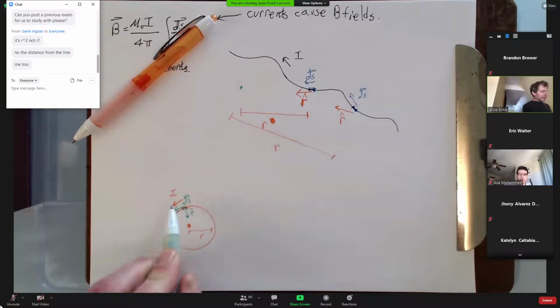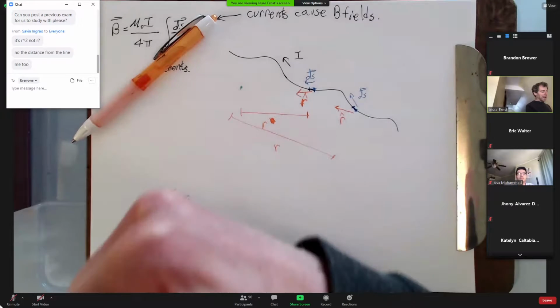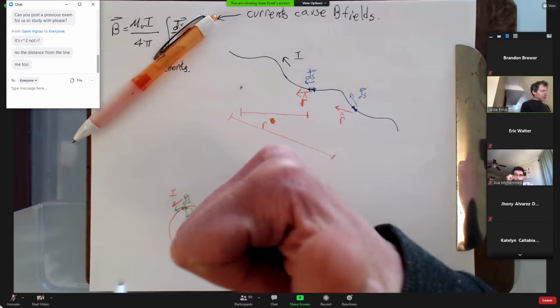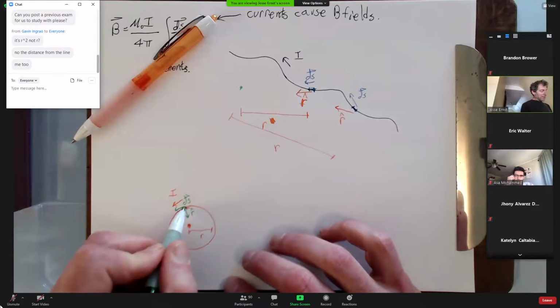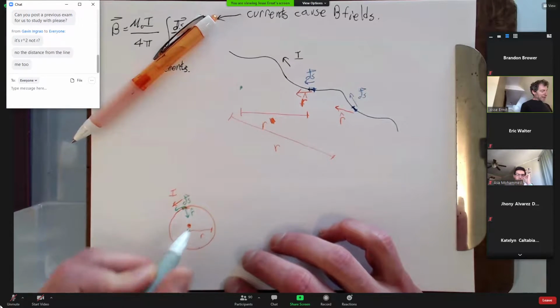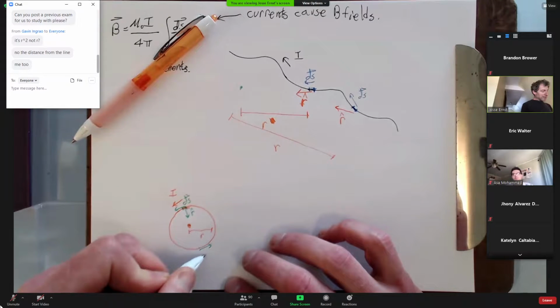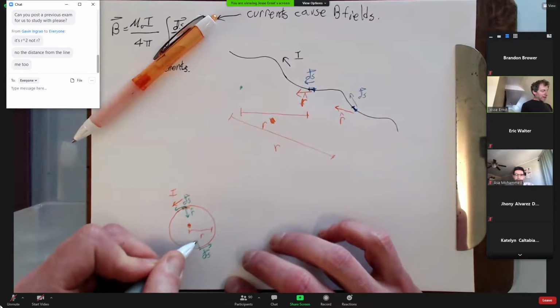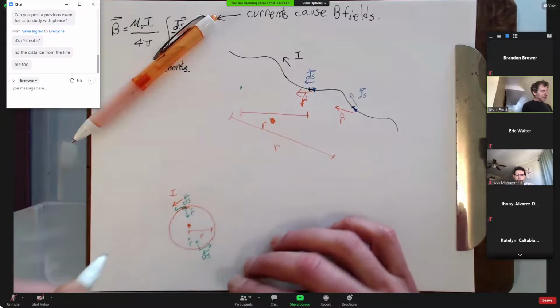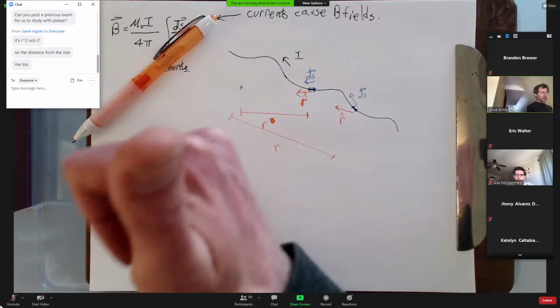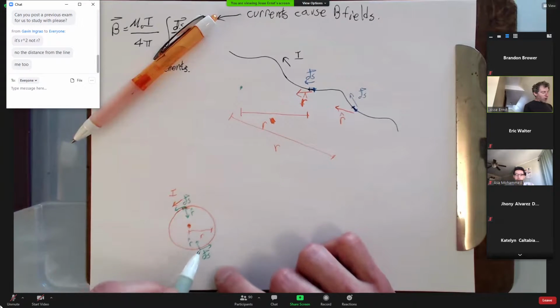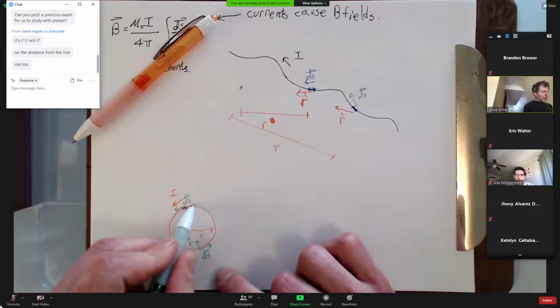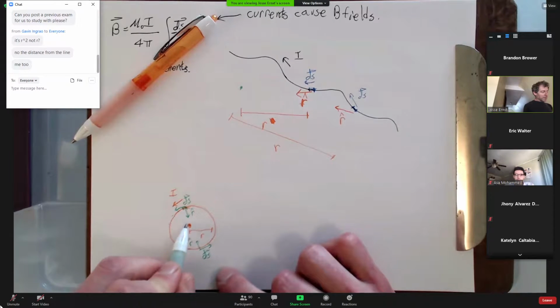So ds vector cross R hat is out of the page. So the B field here from this element is out of the page. The B field here from this element is also out of the page, because ds vector points this way now and R hat points that way. So ds vector cross R hat is also still out. So all of the elements contribute an outward B field here.